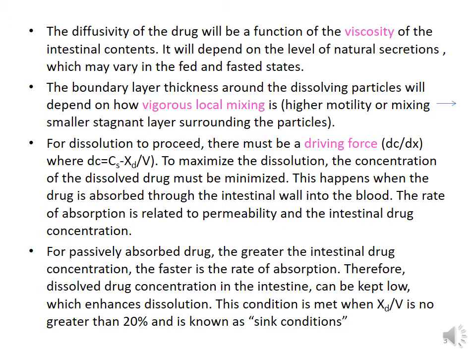For passively absorbed drugs, the greater the intestinal concentration, the faster is the rate of absorption. Therefore, dissolved drug concentrations in the intestine can be kept low, which enhances dissolution. When Xd divided by volume is no greater than 20% of the Cs, this condition is met and is known as sink conditions.